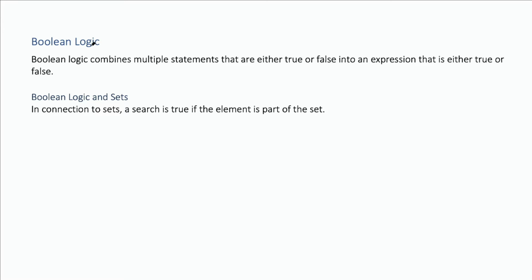There are lots of different things that go on. One of the ways that we approach Boolean logic is actually through sets. That's a good way to think about statements. In connection to sets, a statement is true if the element is part of the set. A very simple example would be the statement "some dogs are black."